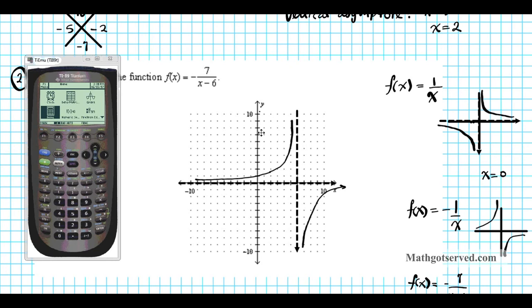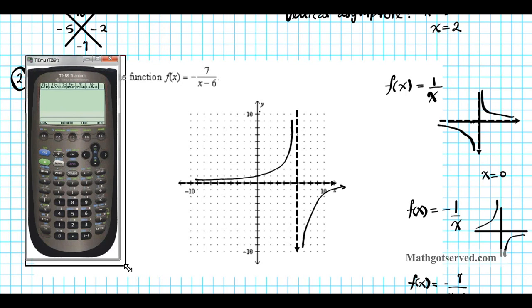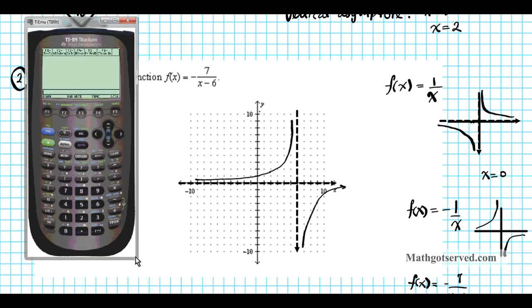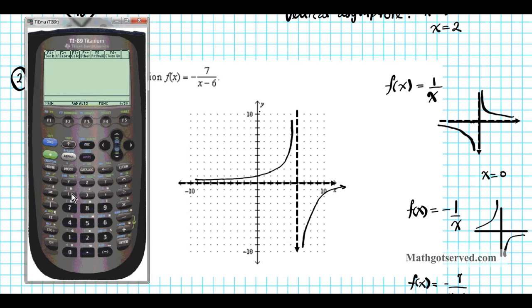And you can definitely verify the accuracy of your graph, of your sketch, by using a calculator. A TI-89 or any graphing utility should suffice. So I'm going to input this function into my graphing window and then see if it matches what I have here. So negative 7 divided by, now since we have two terms in the denominator, we have to group it with parentheses, okay?